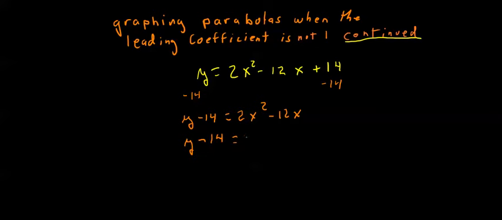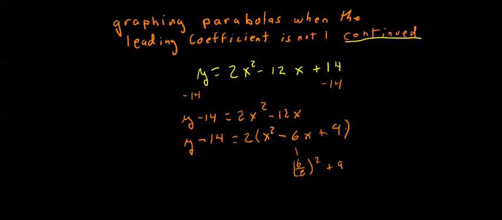And we get 2 times x squared minus 2 times what is 12, 6x, and then we take half of 6 and we square it, and we get 9 plus 9.